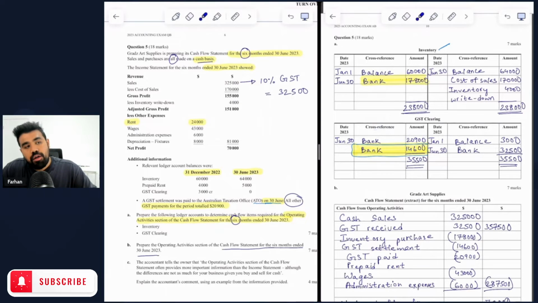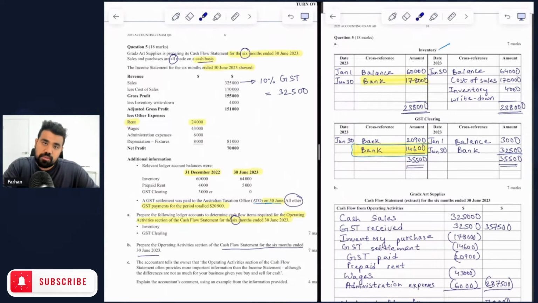Then on the credit side, for the period ending June 30, 2023, we have included 32,500. If we are including this on the credit side, that means our obligation has gone up. Our obligation can only go up when we are collecting GST from our customers, the people to whom we sell.